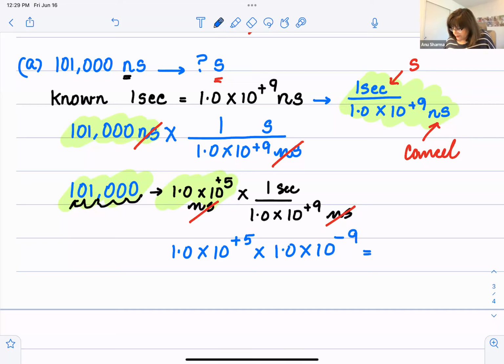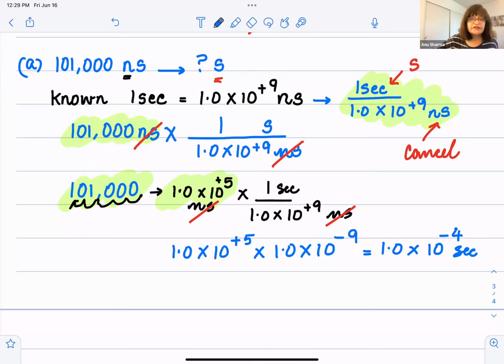So negative 9 plus 5 becomes negative 4. So that is your answer. That's the second. Okay, so that's one piece.